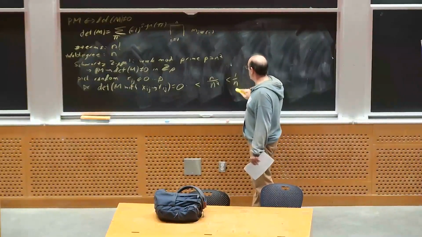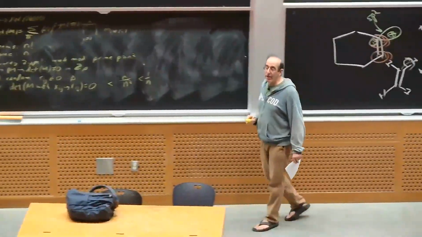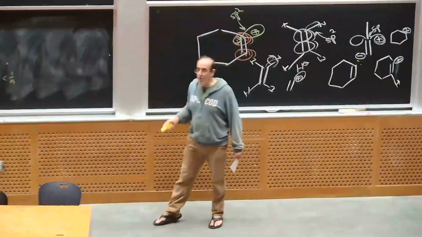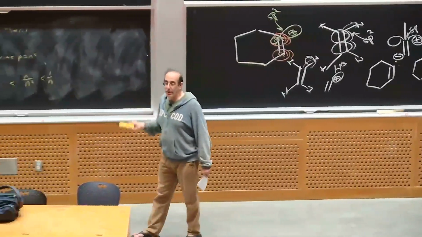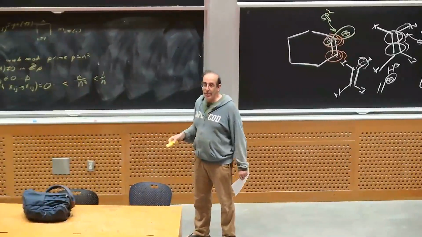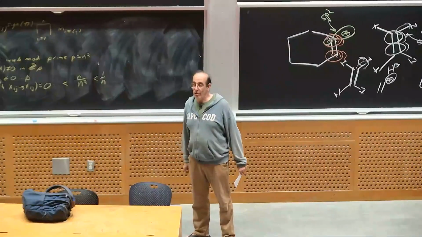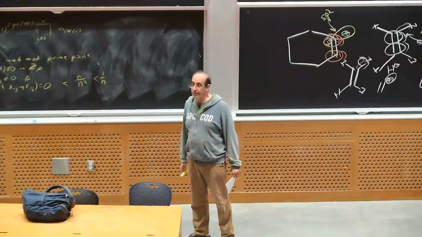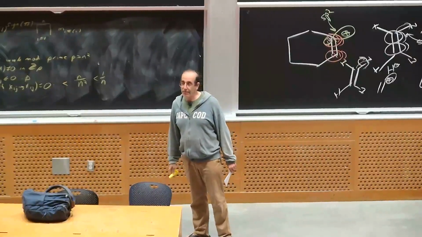So there's only a 1 over n chance that if I put random numbers into the polynomial that I've created, that I will get a 0 value mod p. Does this make sense?